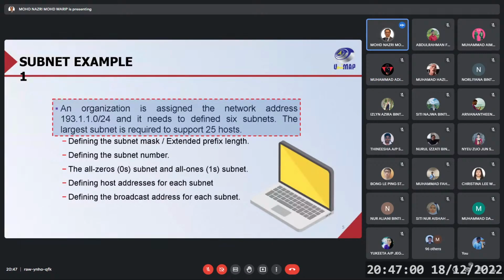So you require 6 subnets, 6 branches. In those subnets, the largest host requirement is 25 hosts, that means 25 PCs maximum. That's the largest.